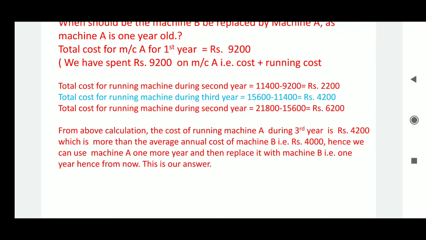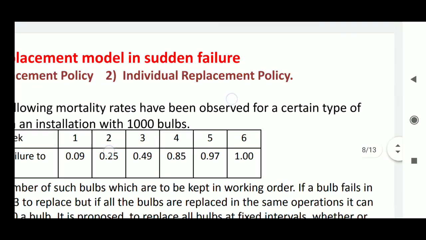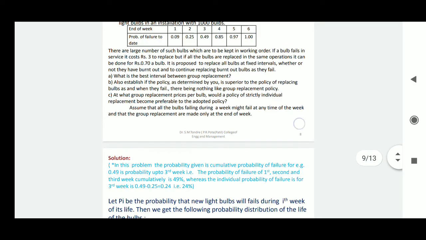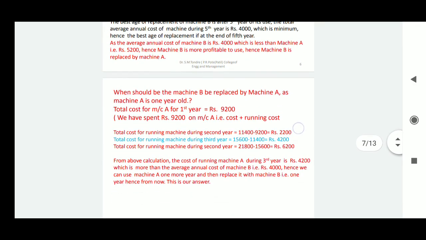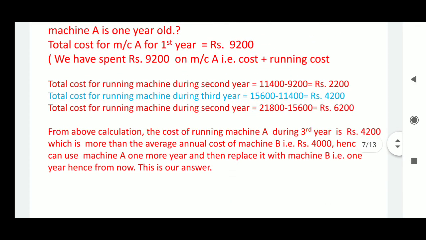And similarly, we have calculated the running cost of the machine for the fourth year, that is 21,800 minus 15,600, which equals 6,200.